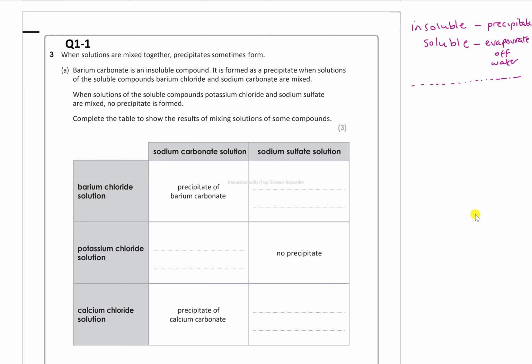And then you've got sodium, potassium, and ammonium salts. These are going to be done by titration.